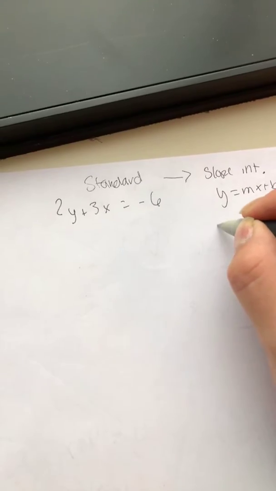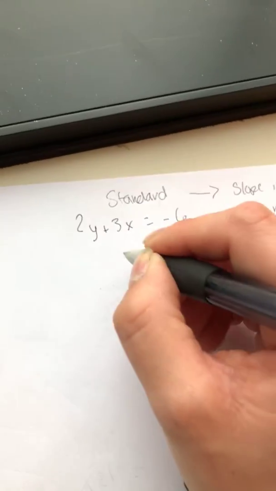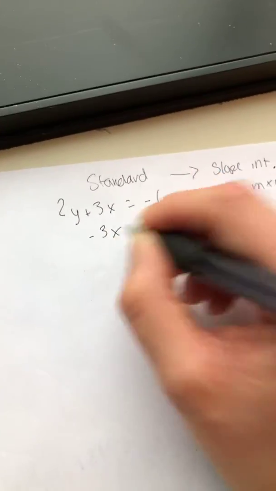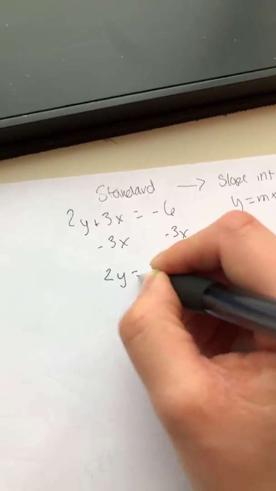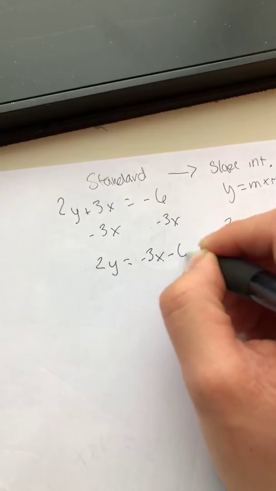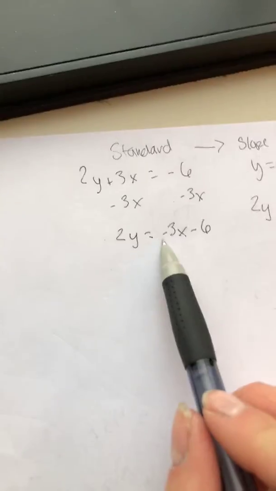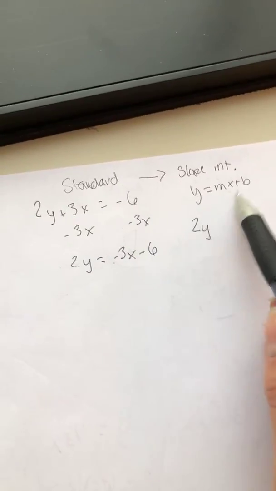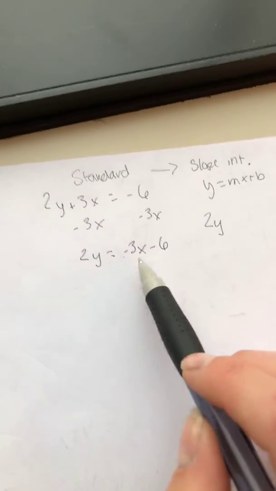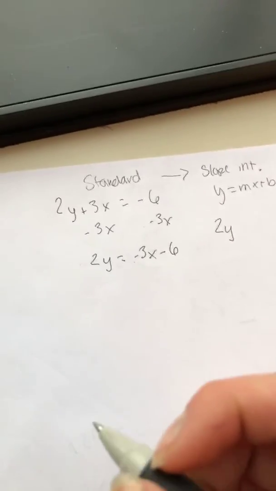In order to do that, I know I have to isolate my y. So I'm going to subtract 3x from both sides. 2y equals negative 3x minus 6. I put it this way because I know that I want it to be y equals mx plus b. You could also leave it negative 6 minus 3x and reorganize them later.